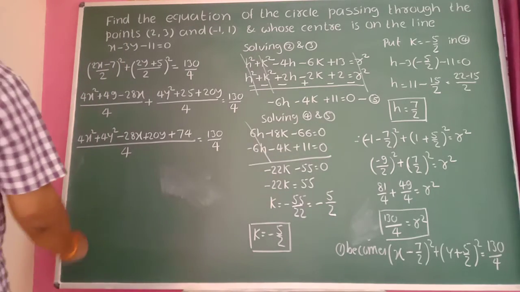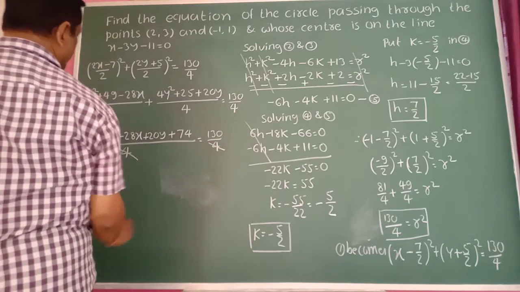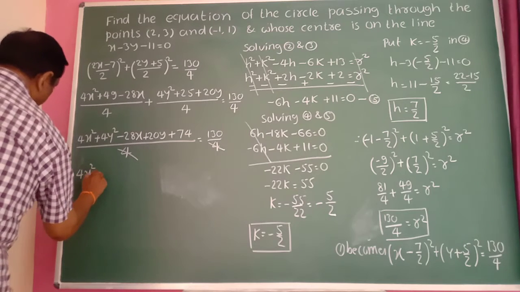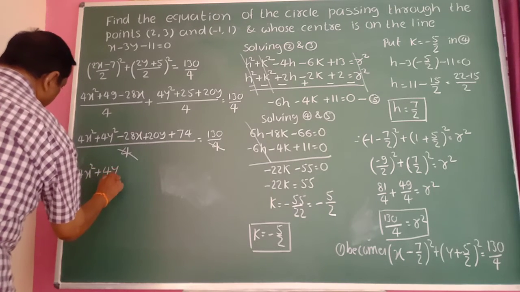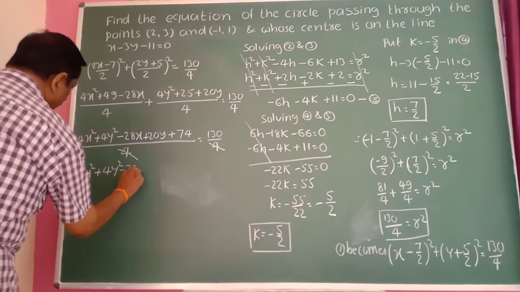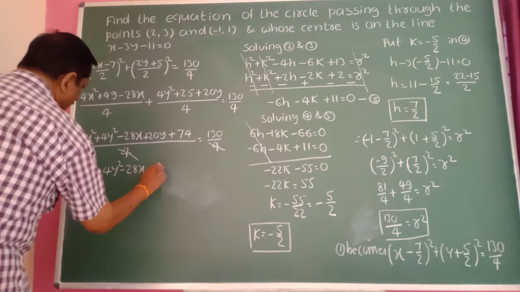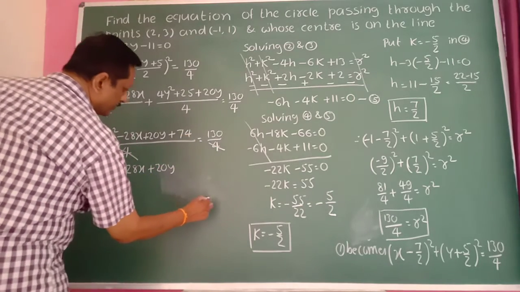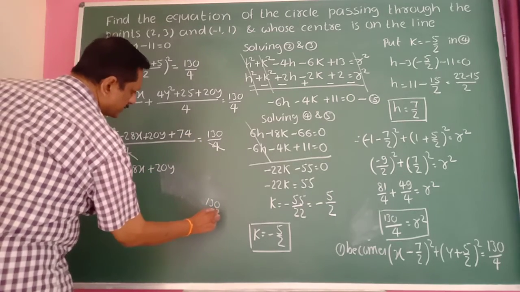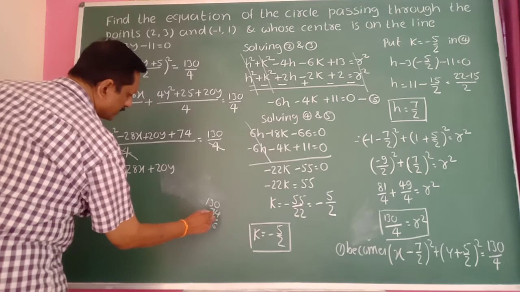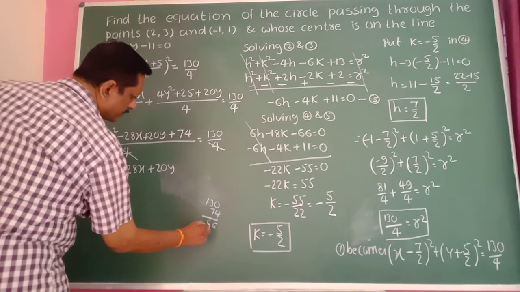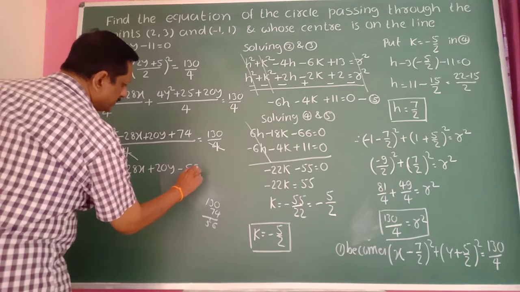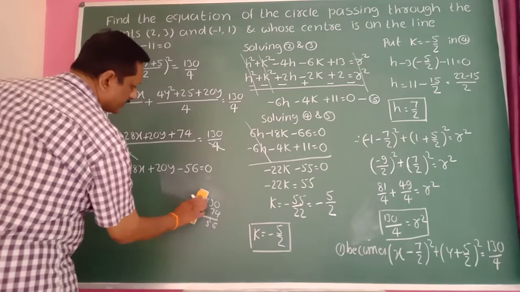Then this 4 and this 4 cancel, so write 4x square plus 4y square minus 28x plus 20y. Take 130 to this side, so 130 minus 74 is 56. Minus 56 is equal to 0.